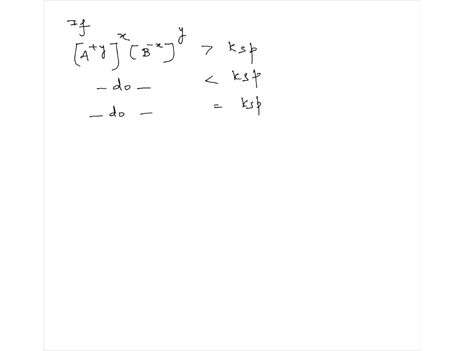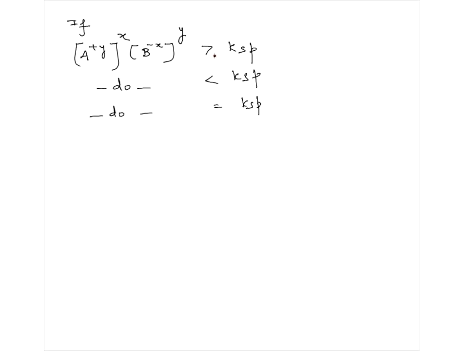To generalize this discussion, imagine these ions present in a vessel. When these ions, A plus Y and B minus X, are present in the vessel, calculate this number, right? Then check if that number is more than Ksp, equal to Ksp, or less than Ksp.